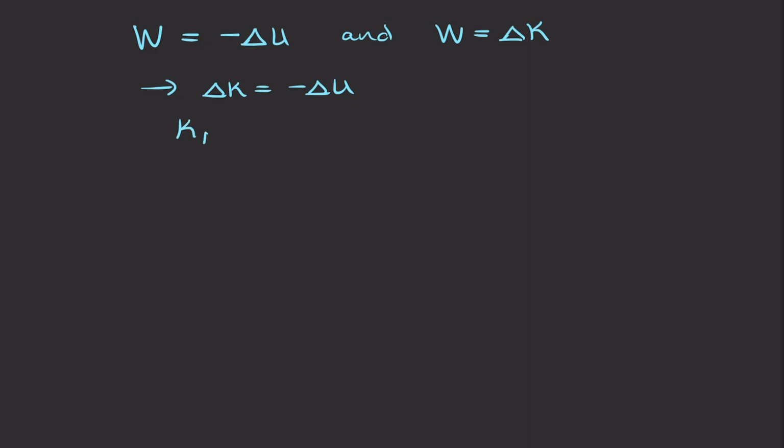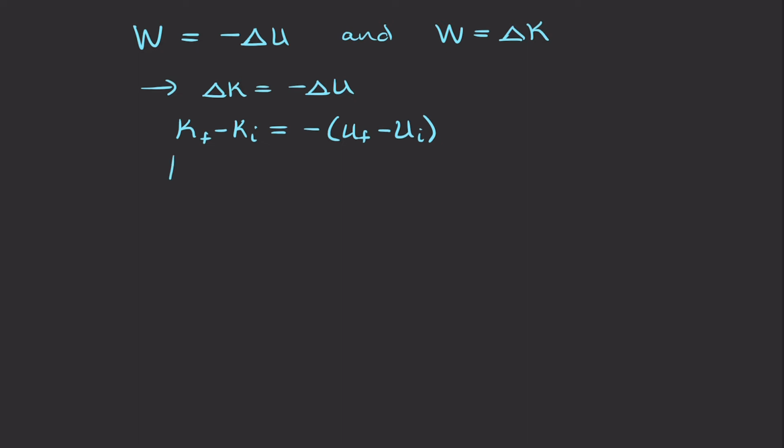If we look at our two definitions for work in terms of energy, we have the work is equal to minus the change in potential energy, and we have the work is equal to the positive change in kinetic energy. So that means we can set these things equal to each other, and write delta K is equal to minus delta U. Then we can expand this out and we get Kf minus Ki is equal to minus (Uf minus Ui).